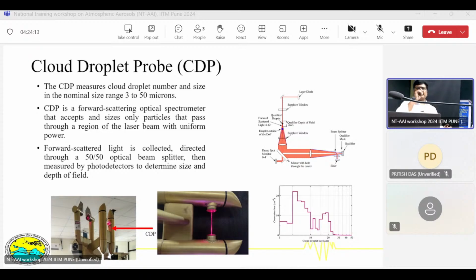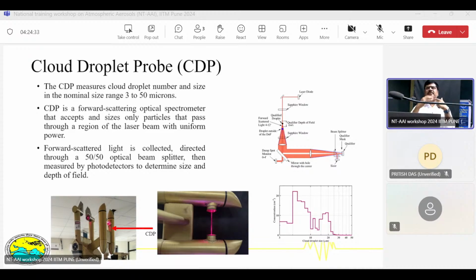Again, the other parameter you can derive from these angular scattering properties is the asymmetry parameter. If the scattering is uniform in all directions, then the asymmetry parameter is 0.